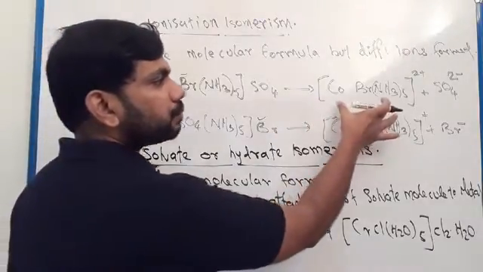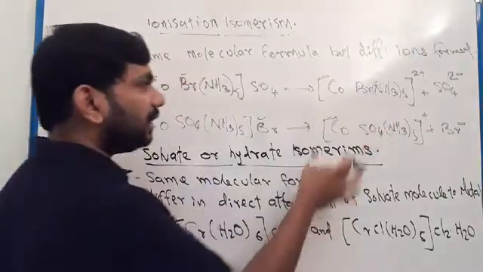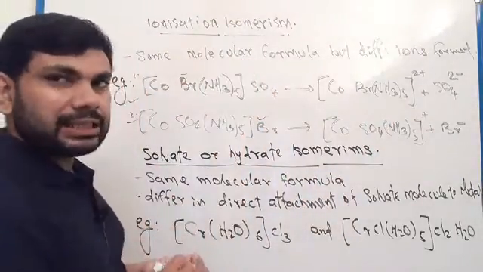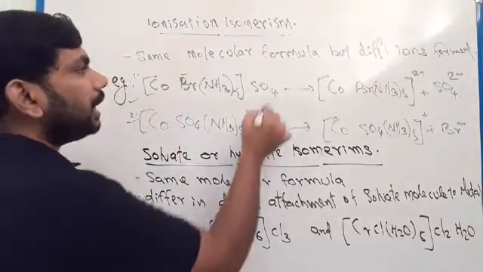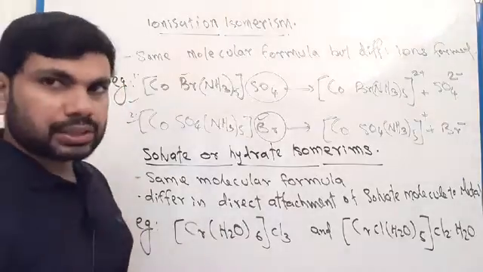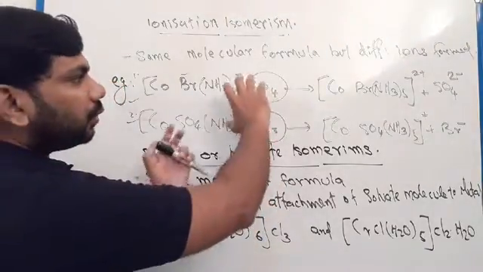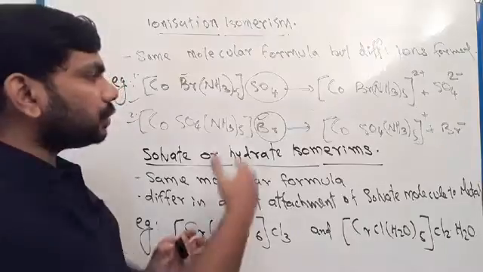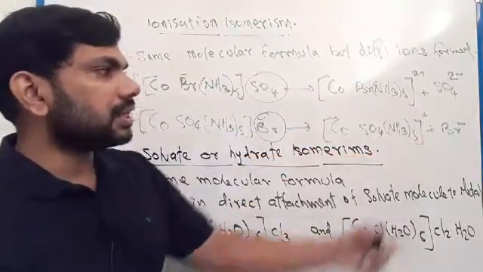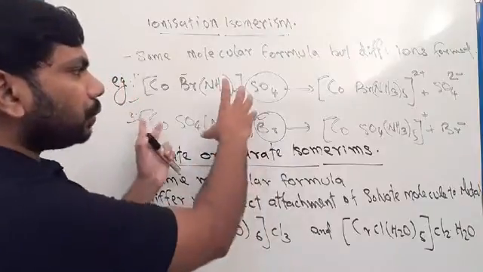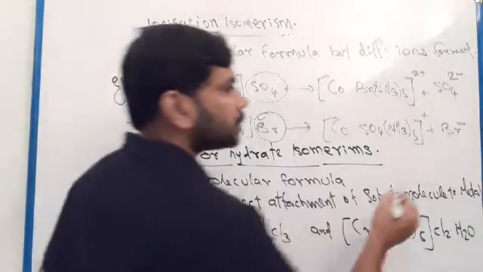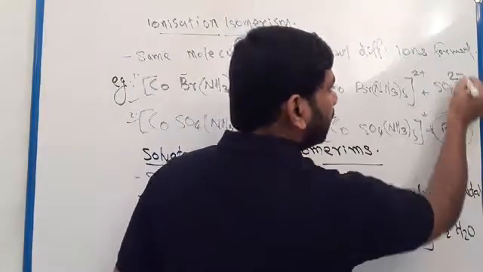Look here, this is a positively charged ion. We know this is the coordination entity, and this forms negatively charged ions. Always, molecules outside the coordination sphere form negatively charged ions. So these two coordination compounds after ionization form different ions.